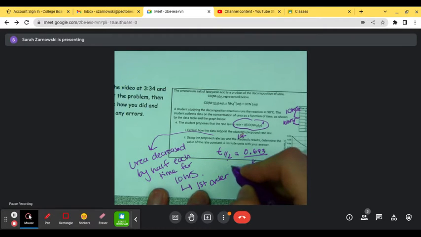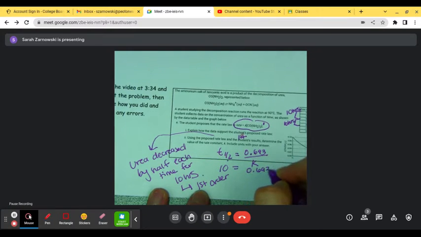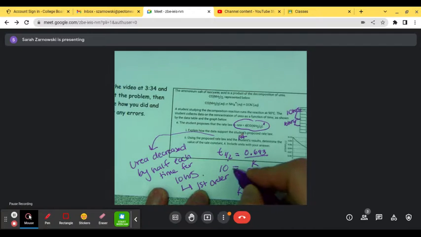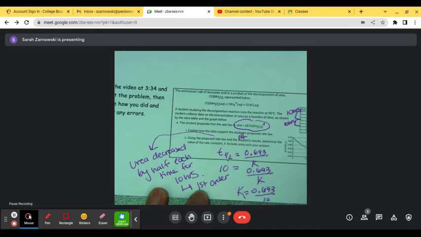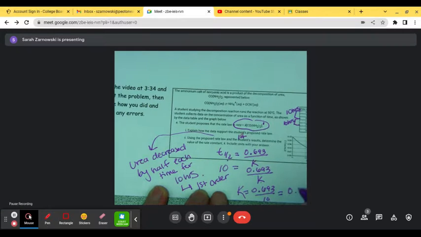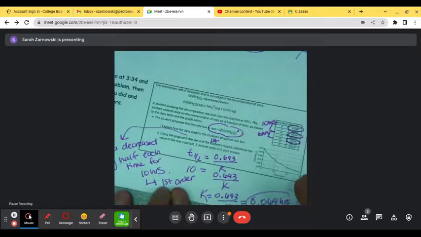So I'm going to plug that in for T 1/2: 10 equals 0.693 divided by K. If I solve for K algebraically, I take 0.693 divided by 10. That would equal 0.069 per hour, and that would be your K. Okay.